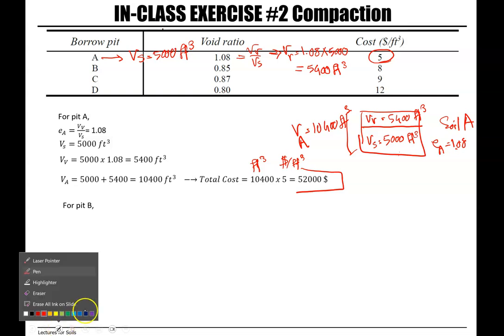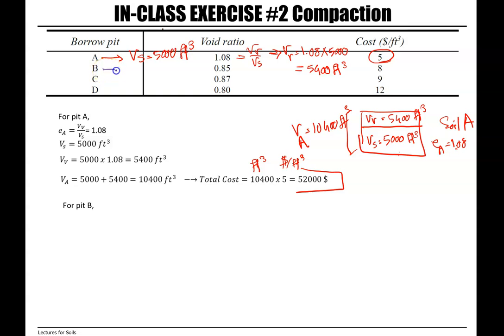Now we're going to do the same thing for pit B. Again, we need to have 5,000 cubic feet of solids from B. For B, void ratio is 0.85, which is equal to volume of void to volume of solids.